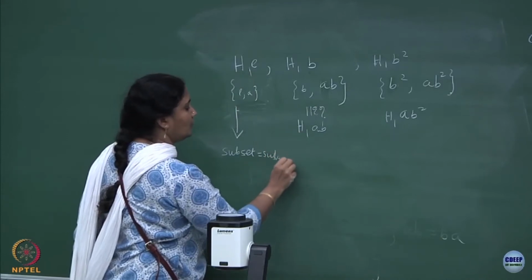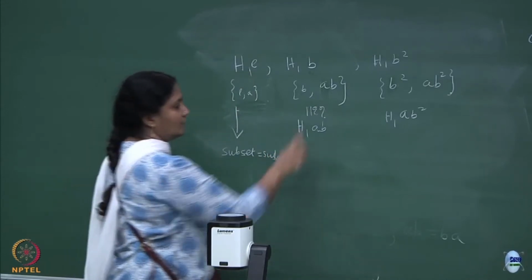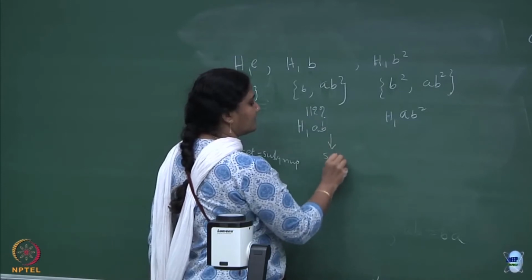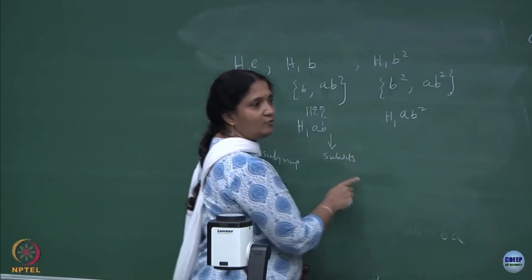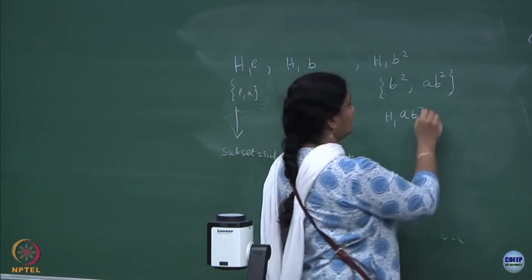So, H1 alone, anything multiplied with identity, is also a subgroup. These are only subsets, okay, it is not a group. This is also a subset.